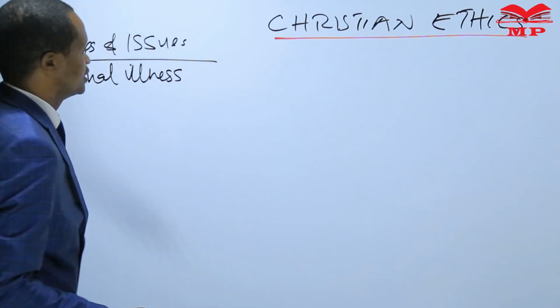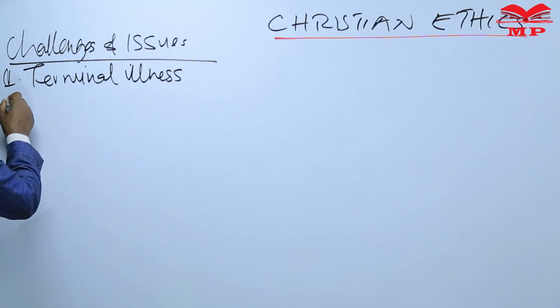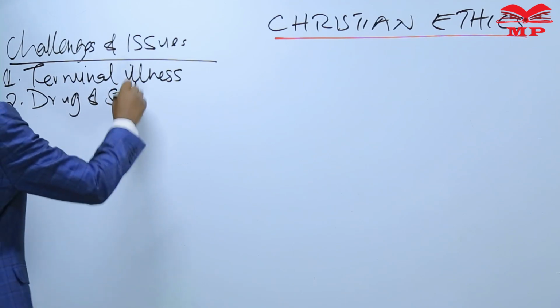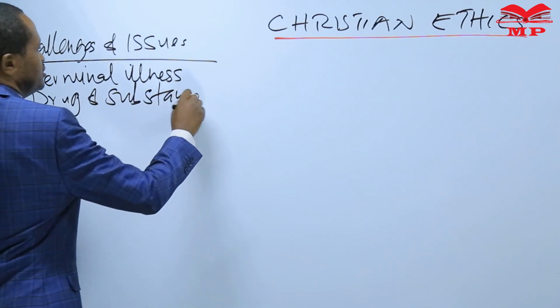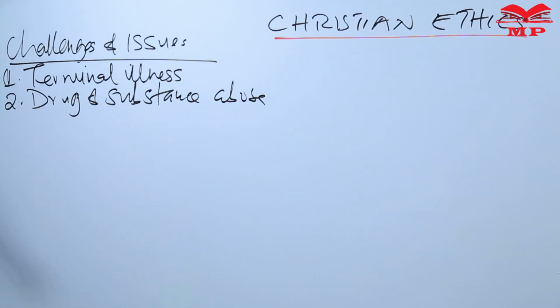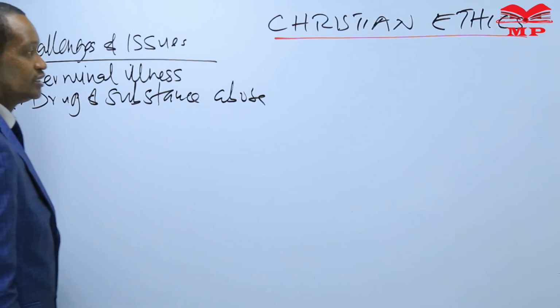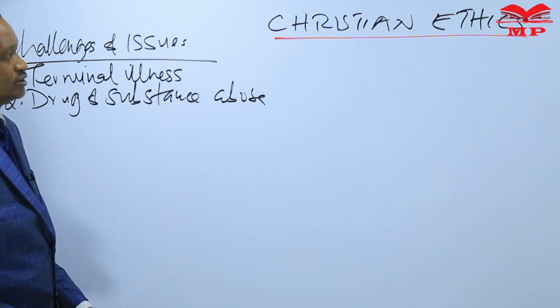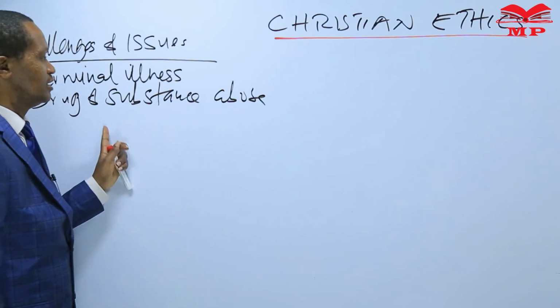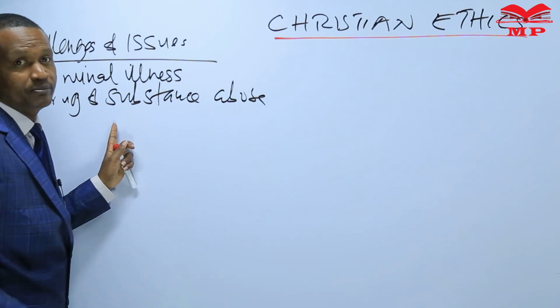Then there is also drug and substance abuse. Number two, drug and substance abuse. This is an issue. We have many young ones and some even old people abusing drugs and substances, which is a big issue.